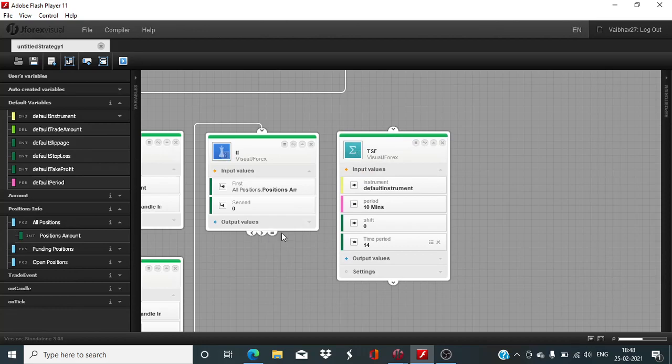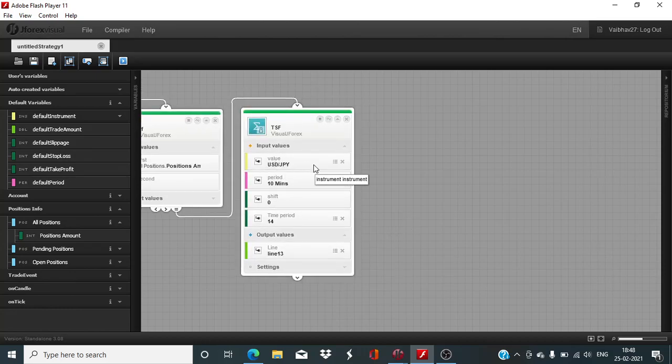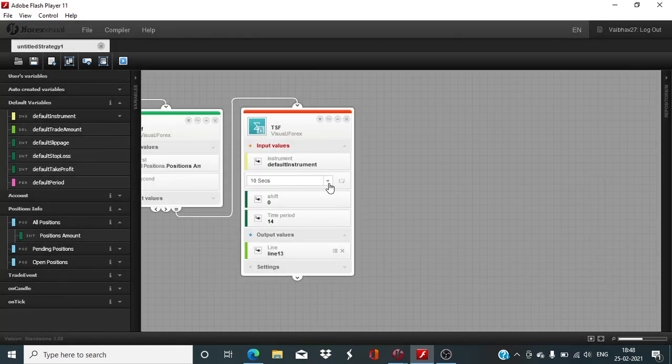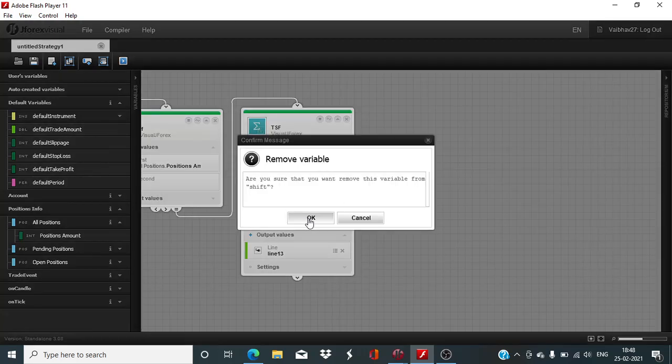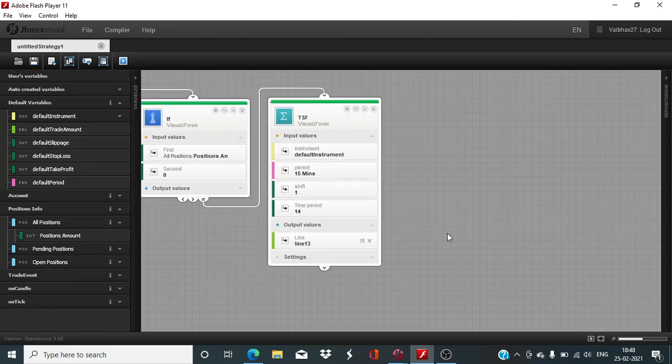Then we will take this time series forecast indicator block, and the default instrument is USD JPY, but the time period needs to be changed to 15 minutes. Shift value is going to be 1. So candle period is 15 and time period is 14. That means the last 14 candles of 15 minutes each will be taken into consideration while calculating the TSF value.